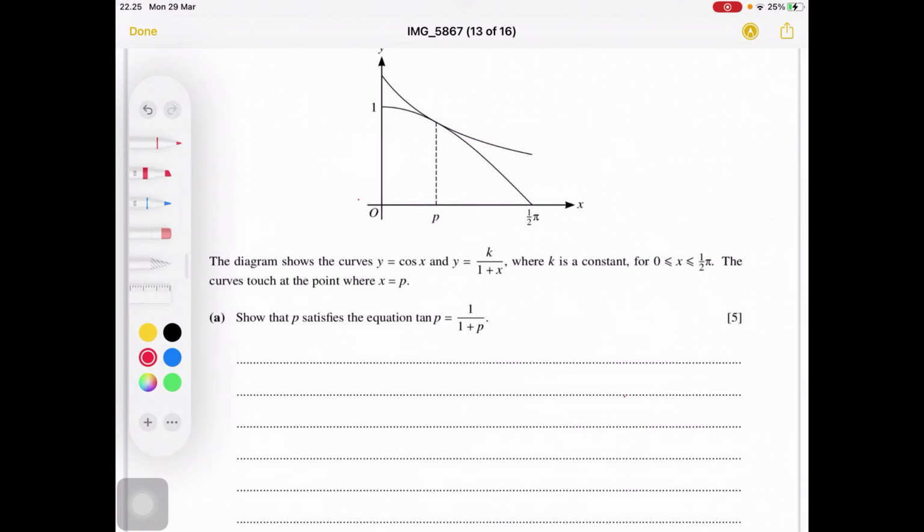Because the question says that the curves touch each other, we can say that when x equals p, both curves share a common point and also a common tangent.